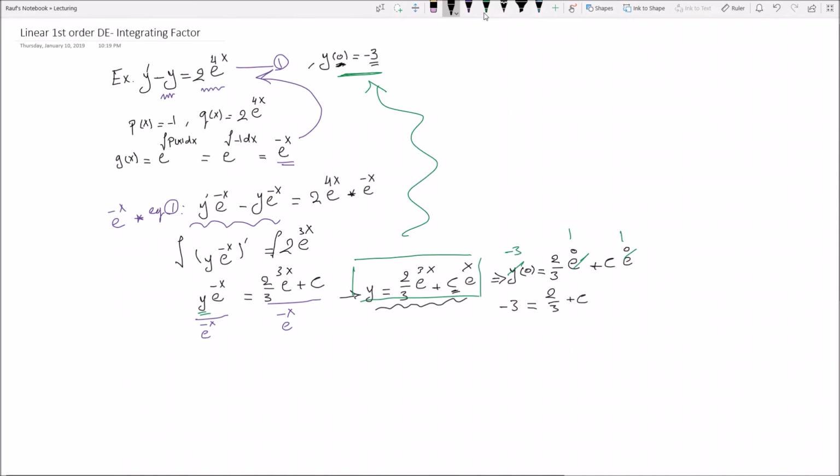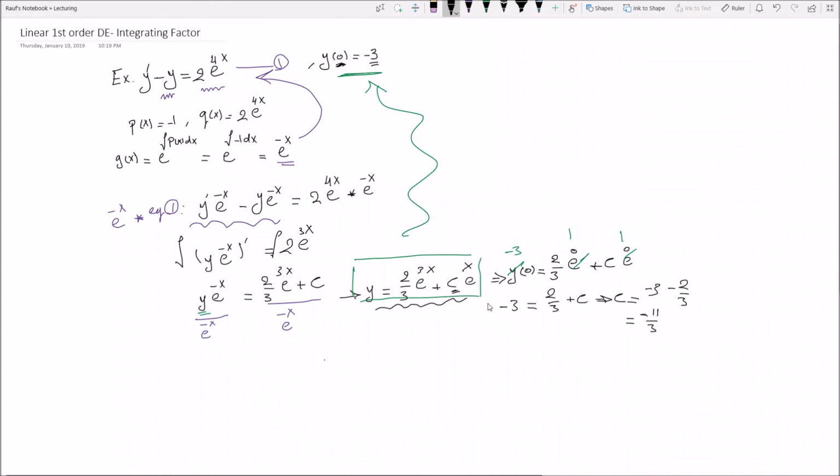We can find that the value of c equals minus 3 minus 2 divided by 3, which equals minus 11 over 3.